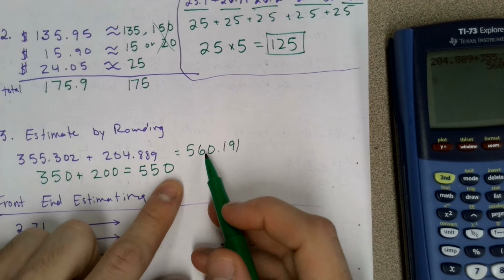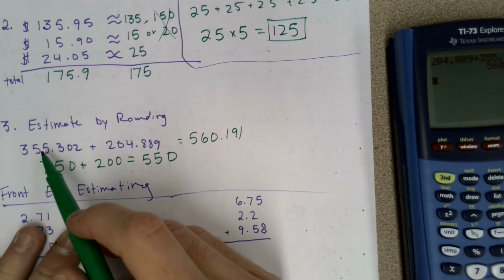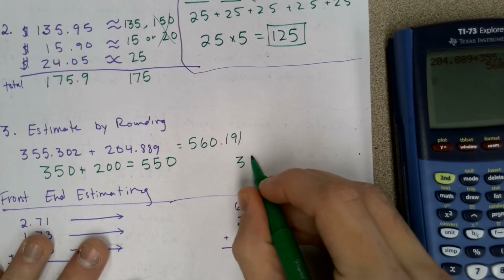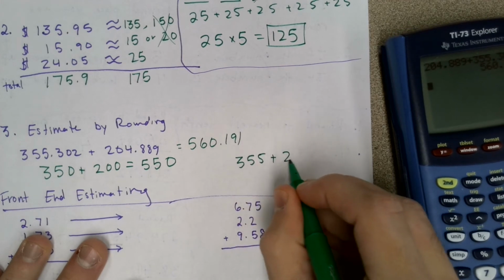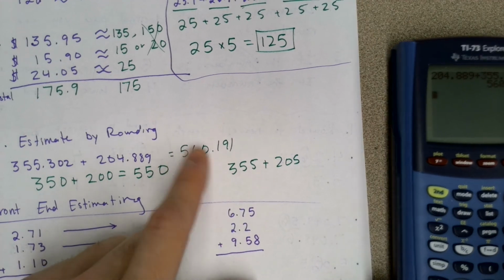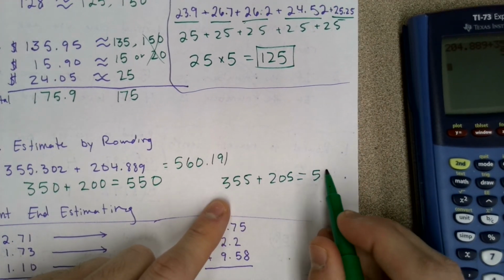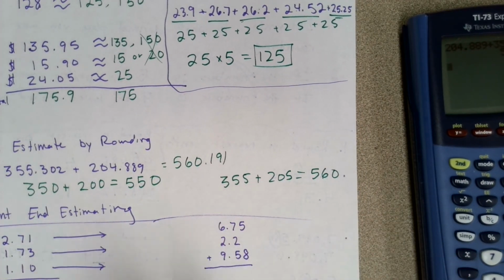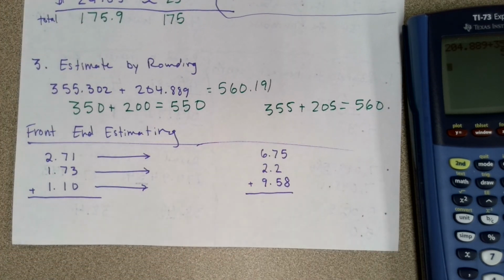Pretty close to each other, once again, a good estimation. If I wanted to, I could have estimated even closer and said like 355 plus 205 and rounded these a little bit closer. That would have gotten me to 560. So just about how exact you want to be with those. Different problems are going to require a different amount of precision.